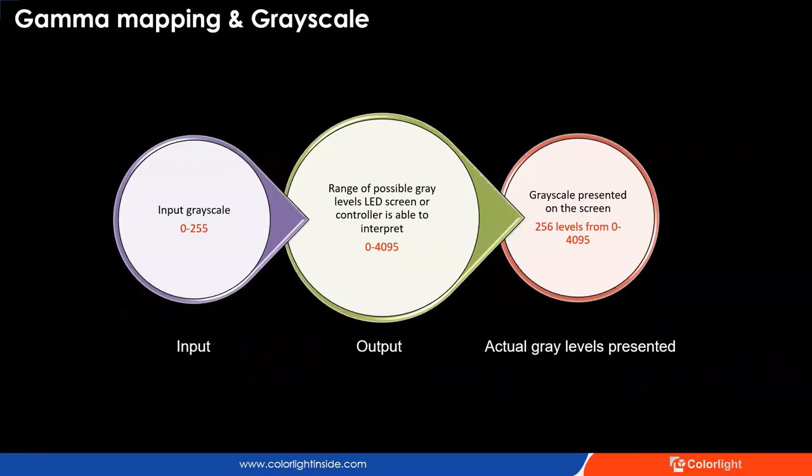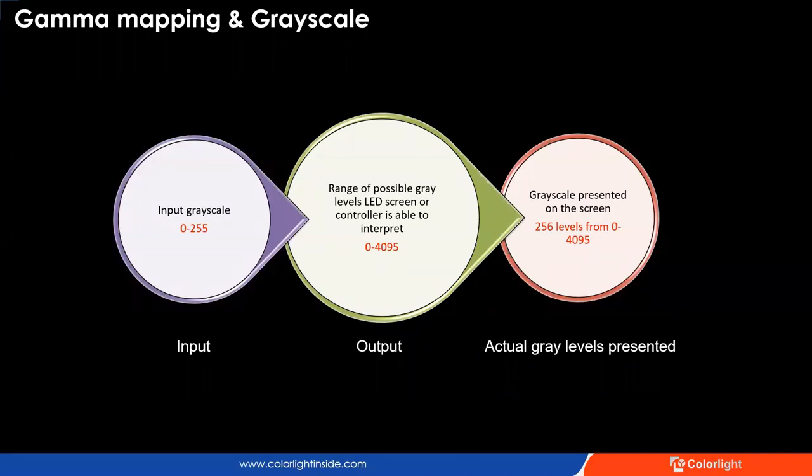If the input grayscale is 8-bit, which is 255 gray levels, and output grayscale is set to 12-bit, that is 4095 gray levels in the software, the screen can only display 8-bit gray levels eventually because the video source is 8-bit. In conclusion, the higher grayscale we set, the larger the range of gray levels available to output, and more details of the image can be presented on the screen.